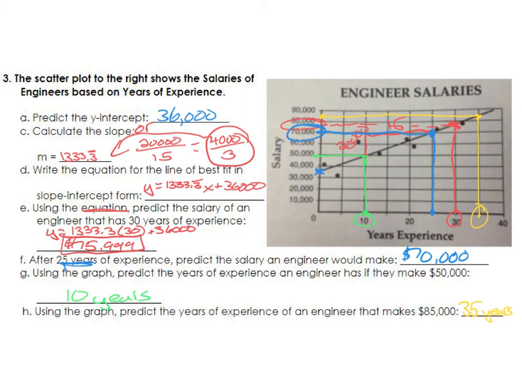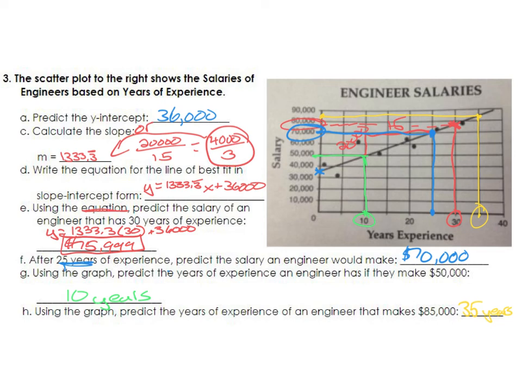Okay, example 3. Got a lot of different lines drawn in there, trying to match them up with the colors, especially once we get to the blue, green, yellow, to estimate those. This one also wanted us to use the equation one time to figure out 30. If we plugged in 30 and looked at it on the graph versus 30 in our equation, both of those end up around that 76 to 77,000.